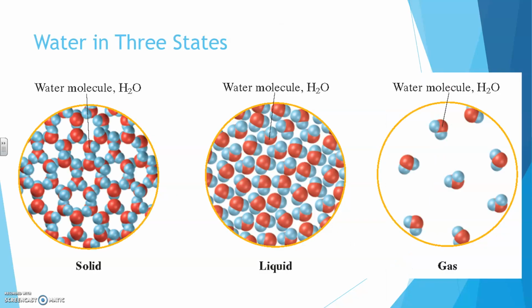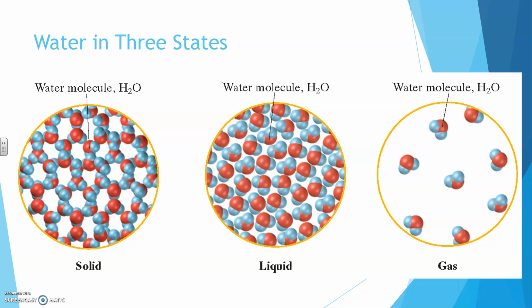Alright, so water in 3 different states. When you look down at the atomic level, oftentimes you will see that solids are the most dense. They have the most atoms, molecules, compounds, all of that shoved into the smallest area. Water is a little bit weird because when it starts freezing, it actually spaces out more.